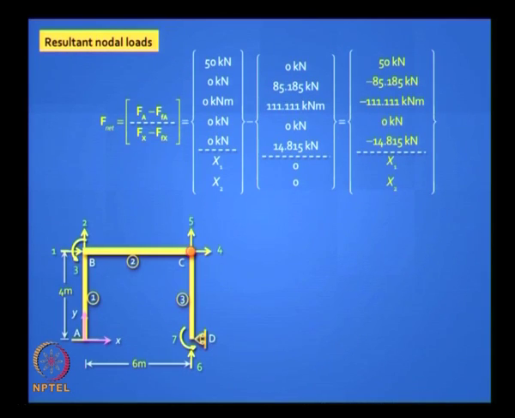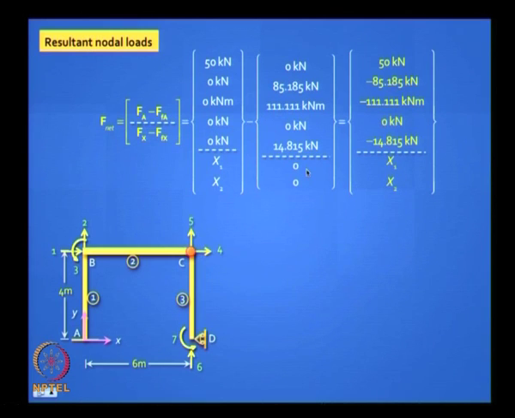Next I should get the net joint loads, the resultant nodal loads. So that is F net is FA minus FFA and Fx minus FFx. I just do this substitution. When I write the second one, that is where I bring in those forces. You see, this is given to me, right in the beginning. I have a 50 kilonewton load and I have x1 and x2, which I do not know. This is my FA Fx vector.